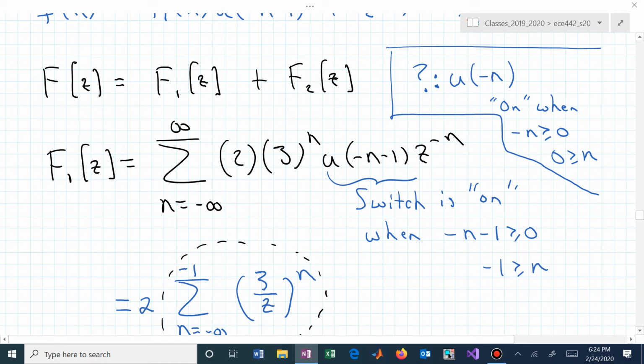Now little n could be 0, and we don't want that particular 3 scaled to n equals 0, which would be 1. We don't want this piece to be turned on at n equals 0. So we need that argument in our switch to actually contain minus n minus 1, so that the switch is on when that argument is greater than or equal to 0, and that forces n to be negative 1 and smaller, not starting at 0. Does that answer that question?